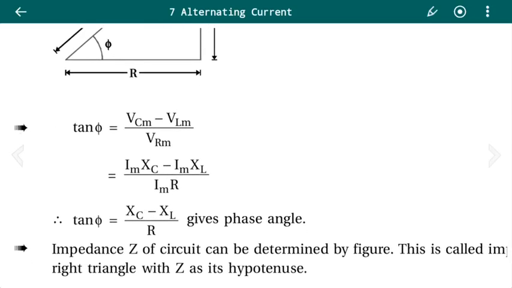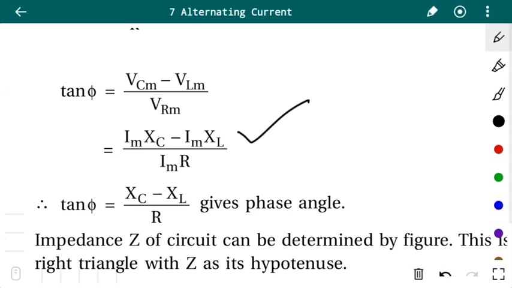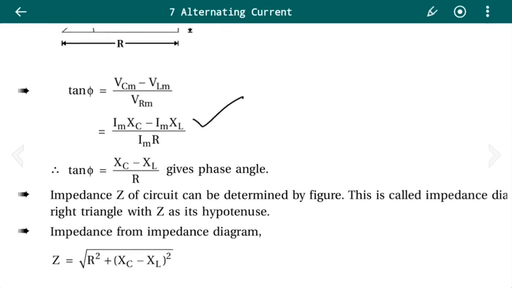Writing its formula, we get Im Xc minus Im XL upon Im R. Taking Im common and cancelling it out, we get tan phi equals Xc minus XL upon R. This gives the phase angle.